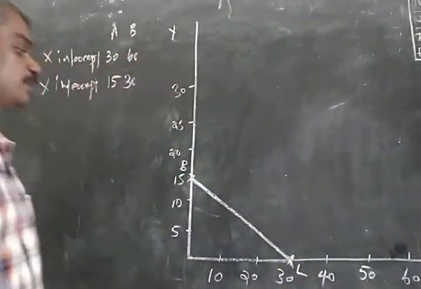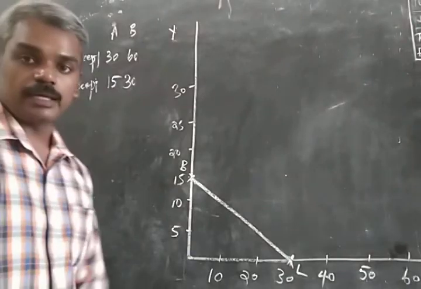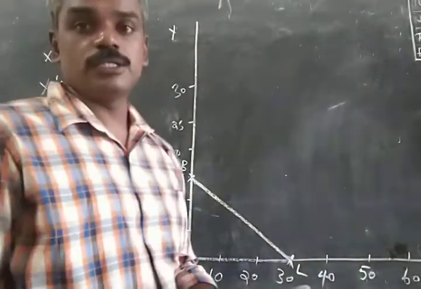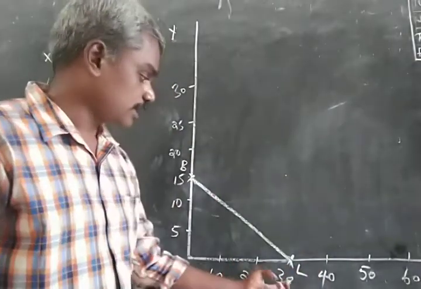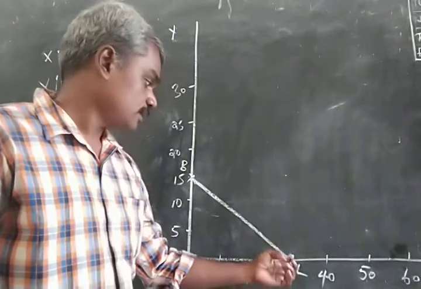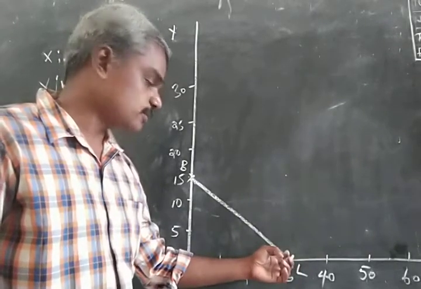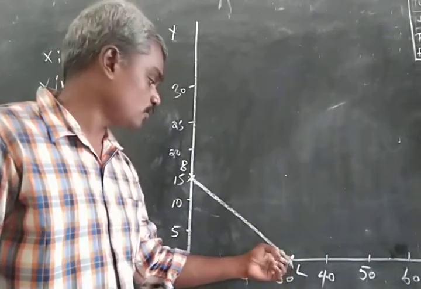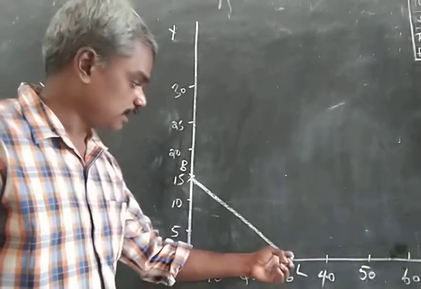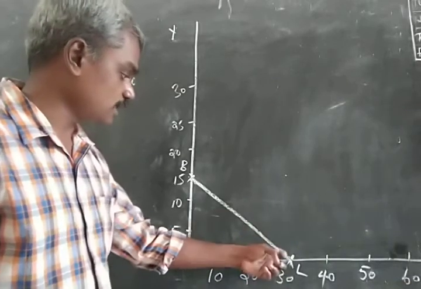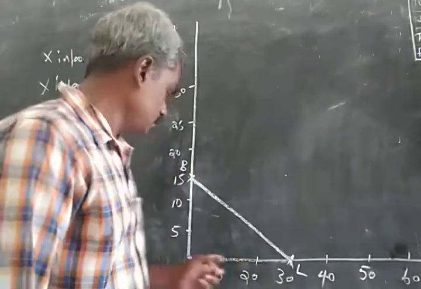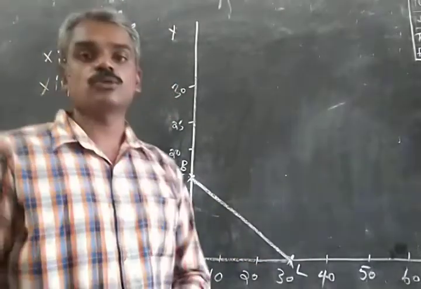So BL is the initial budget line, the case A situation, where if he spends all his income on commodity X, the consumer was able to purchase 30 units of X. So we have plotted it here. Then when he reduces X by 1 unit, he can increase consumption of Y by some units. Again, when he goes on reducing the consumption of X to the left of 30, he can increase the consumption of Y.